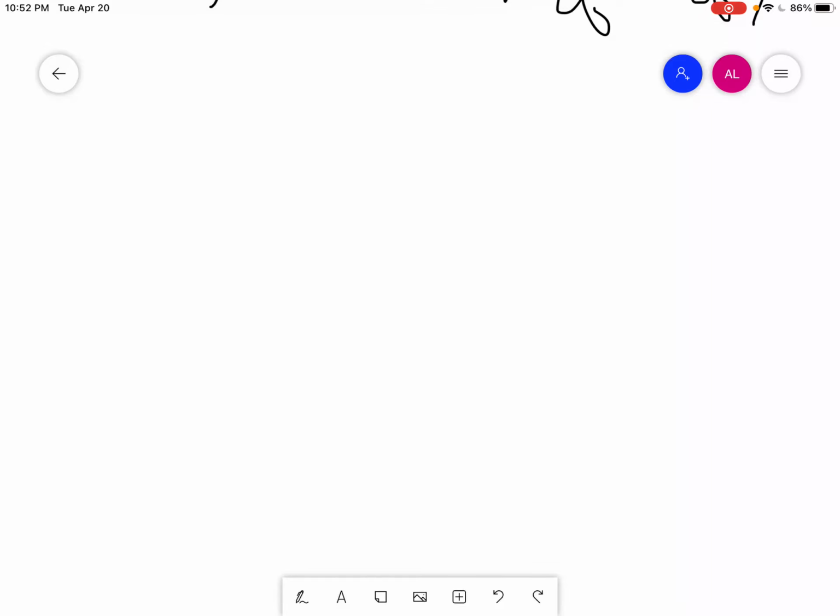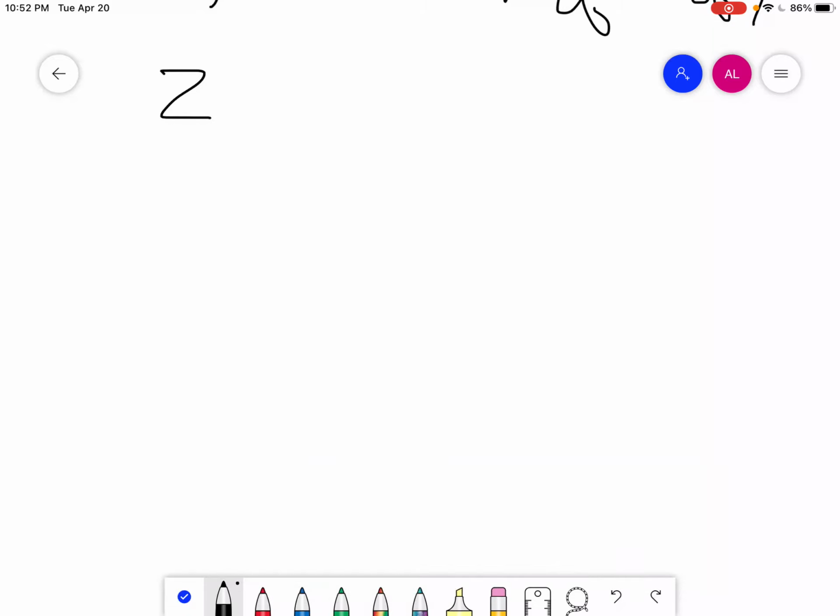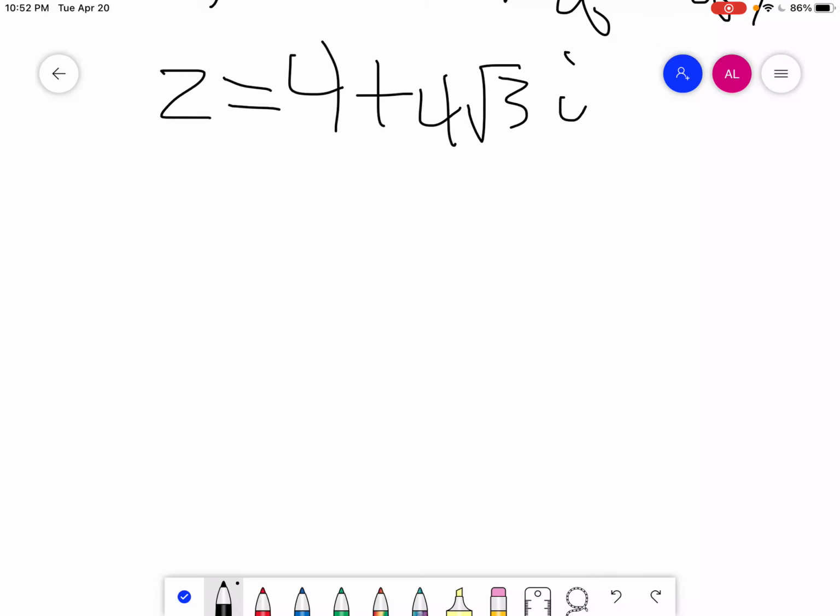Let me find all the cube roots of z equals 4 plus 4 square root of 3 i. So first, I want to convert this to the Euler form.